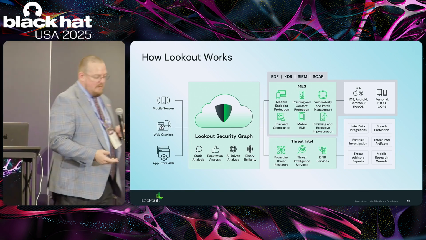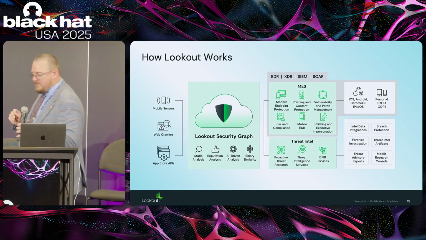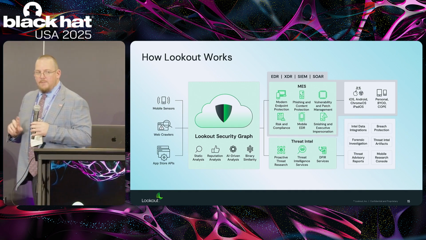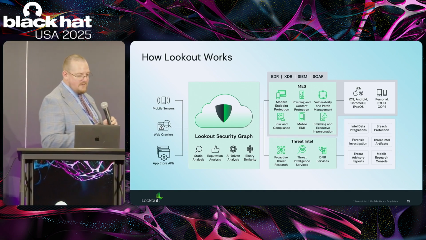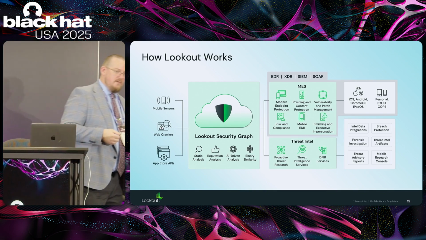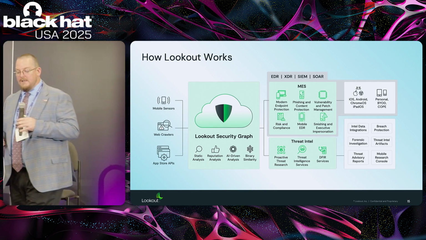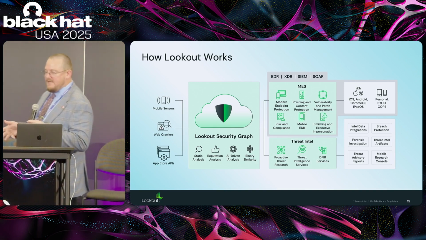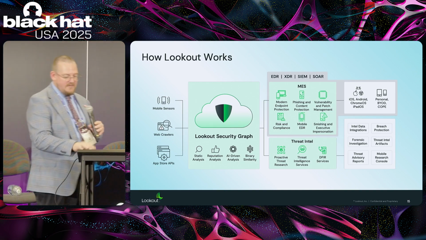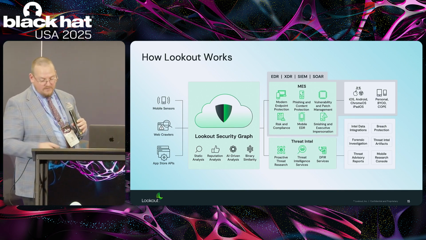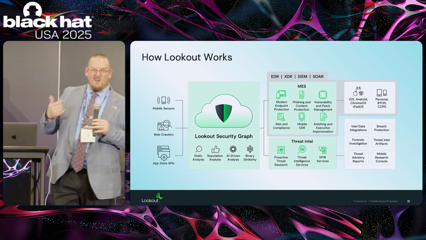How we operate is pretty complicated, but overall, between all of the data that we're getting from the applications on the mobile device, all the web crawlers that we're utilizing to grab mobile applications, various campaigns that are happening on the dark web, and APIs that are tied into the various mobile app stores, such as iOS, the Apple Store and the Google Store, all of that information comes into us.